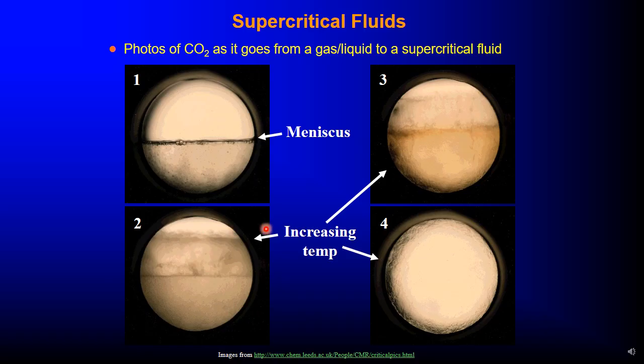You can see the meniscus separating fluid and gas, but as you increase temperature, we find that less and less gas is forming, and at this point it is fully a supercritical fluid.